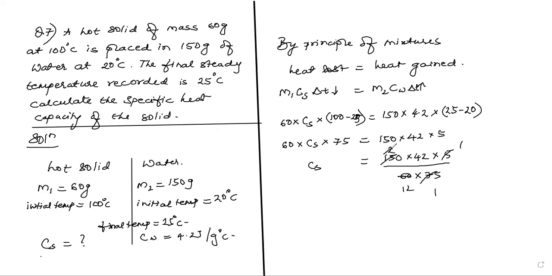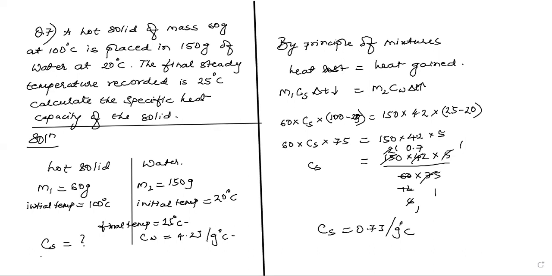Then 2 one time, 2 six times. 6 one time, 6 seven times. So CS is equal to 0.7, okay, this is 4.2. So CS equals 0.7 joules per gram degree Celsius.